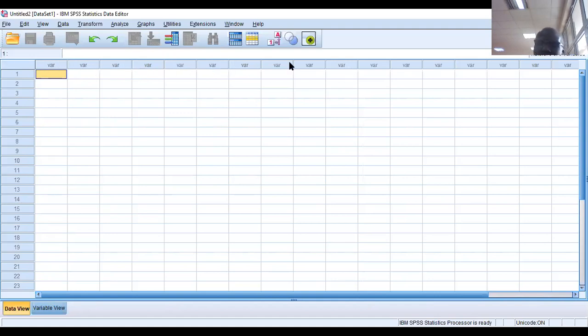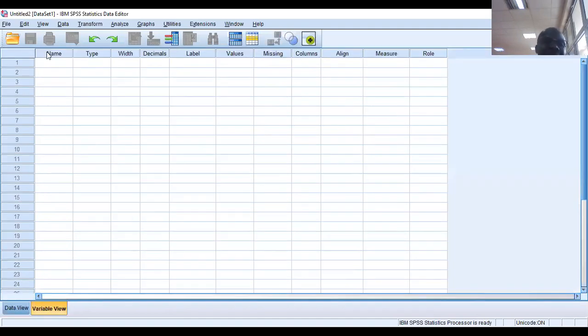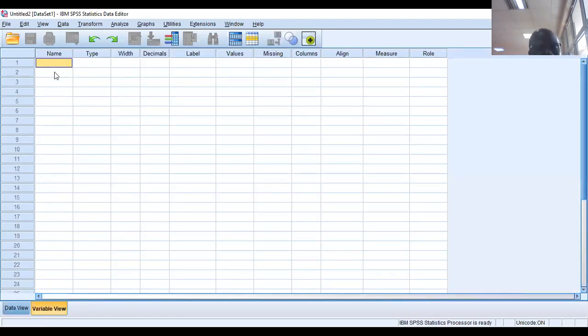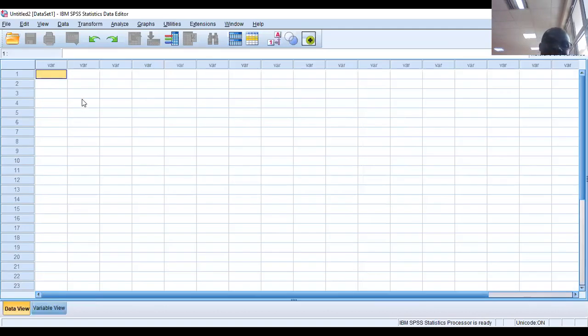So if I came this side and I have a variable called gender as my first variable, I type gender here. Now gender will replace this one. If I type age here, the second one, age will now replace this one.